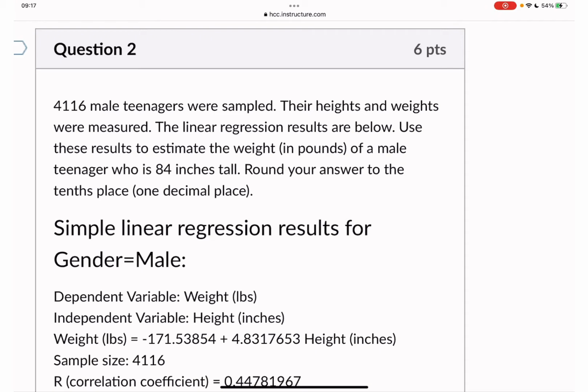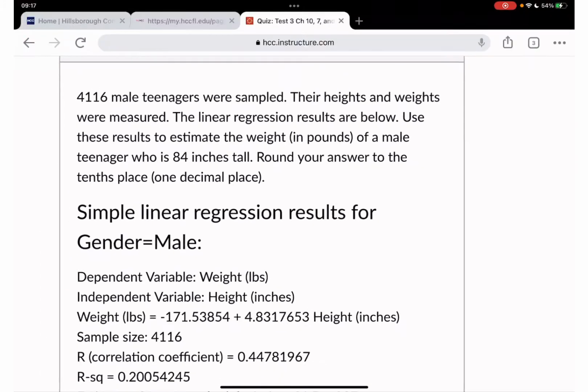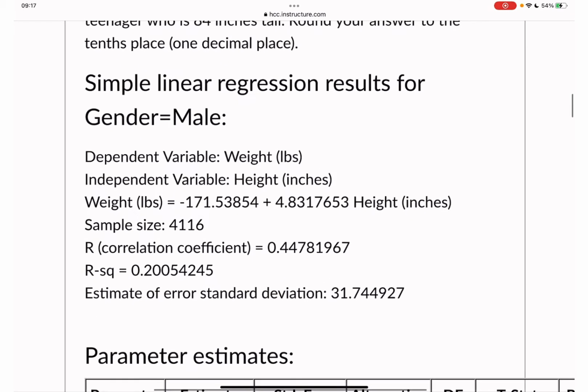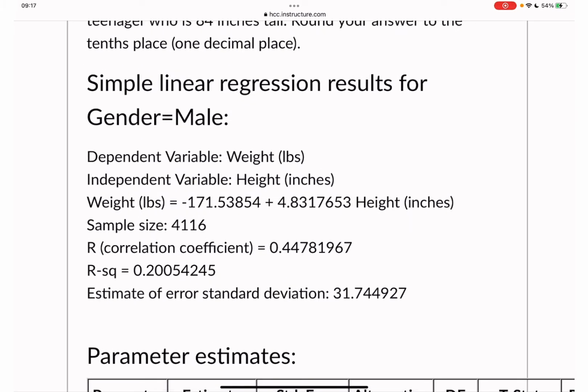Round the answer to the tenth, or 1 decimal place. Okay, where is our equation for weight? Here it is, negative 171. Actually, I can do it on my calculator right here.